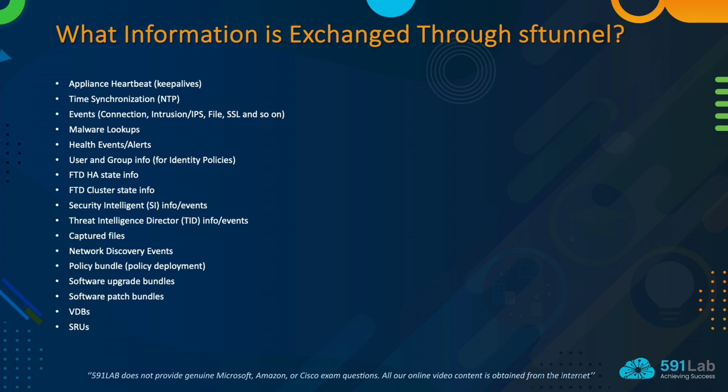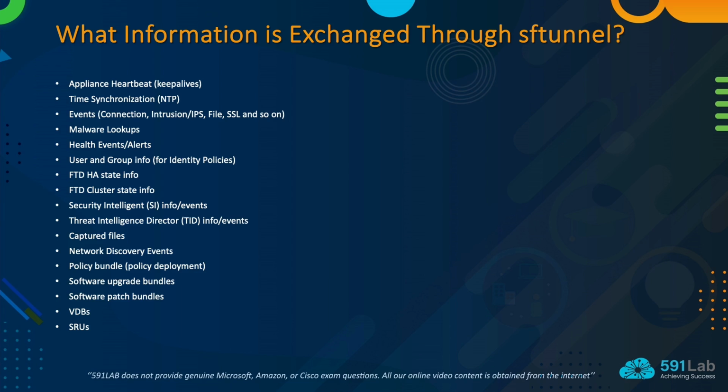Then we have FTD HA state info and FTD cluster state info, which get exchanged towards the FMC from the FTD. Then we have security intelligence info and events, and threat intelligence director info and events. These are all the logging parts which you can see on the FMC.